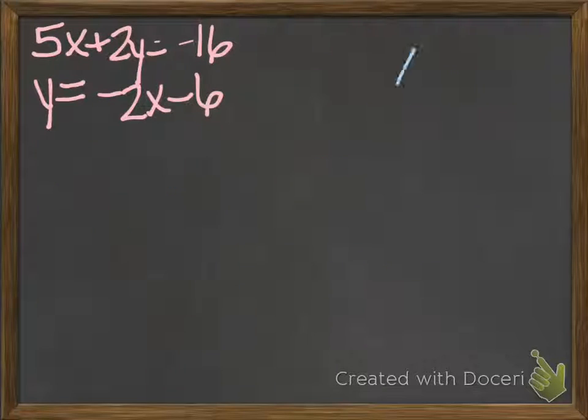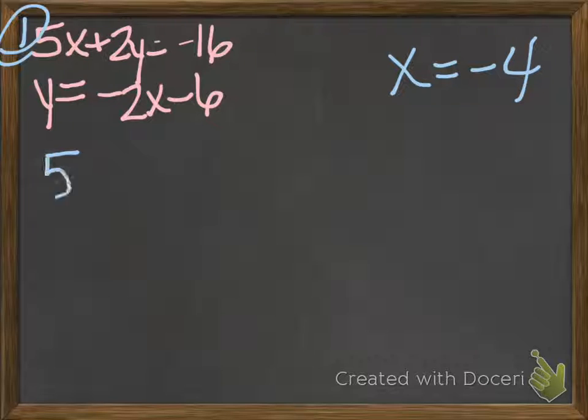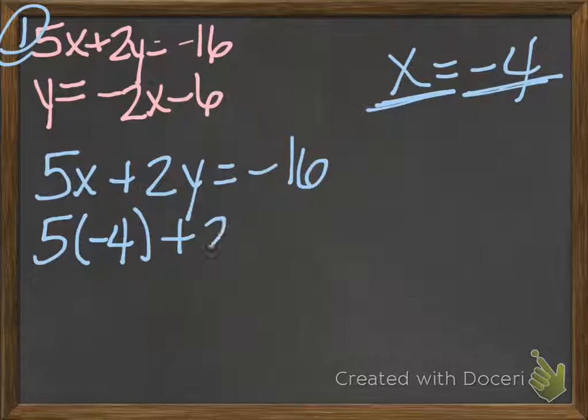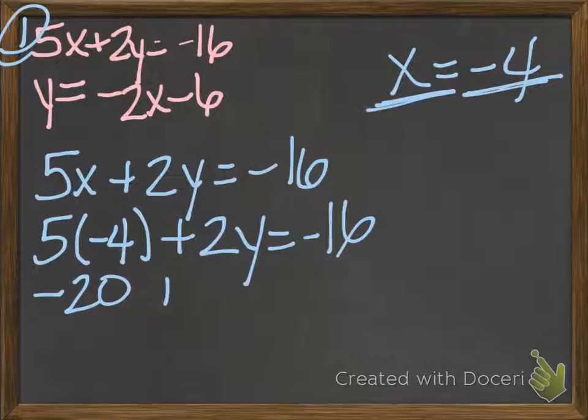So we knew that x equals negative 4, right? We're going to do equation 1 this time. So 5x plus 2y equals negative 16. And we're going to substitute in for x, and we're going to put in negative 4. So 5 times negative 4 plus 2y equals negative 16. So 5 times negative 4 gives us a negative 20 plus 2y equals negative 16.